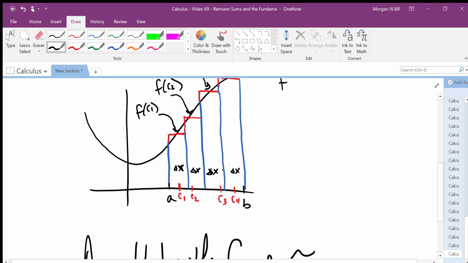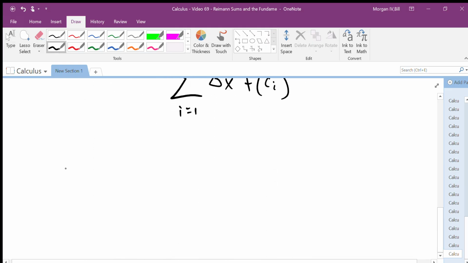Every rectangle had a width of delta x. That's not really the most general way I could write this. It could be that I could break this up into rectangles where the first rectangle is really wide, the second rectangle is really narrow, the third rectangle is kind of normal, and the fourth rectangle is also narrow.